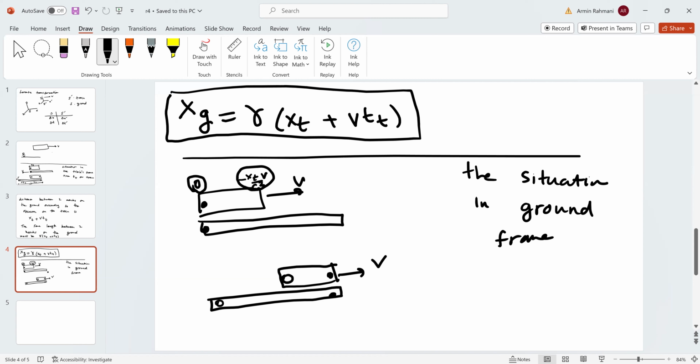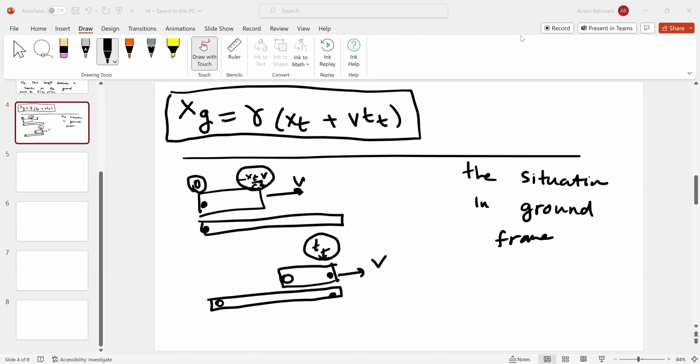Now, when the second paint bomb explodes, the front clock here must read tt, right?